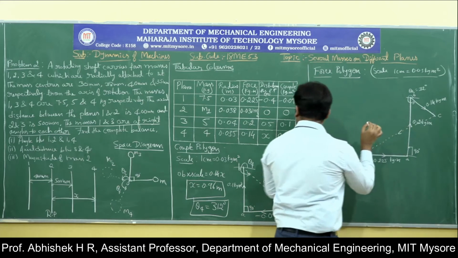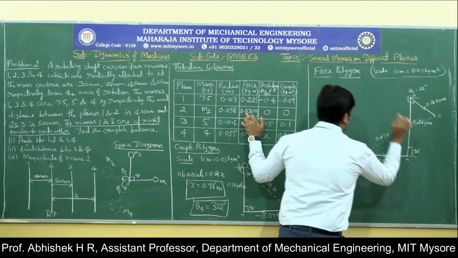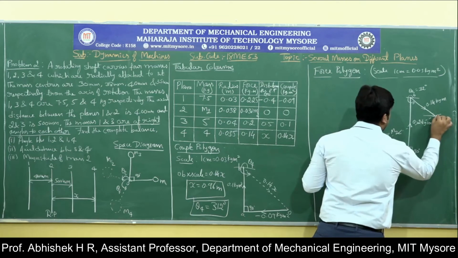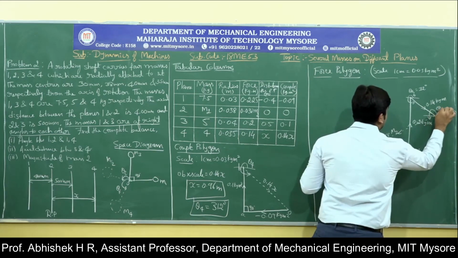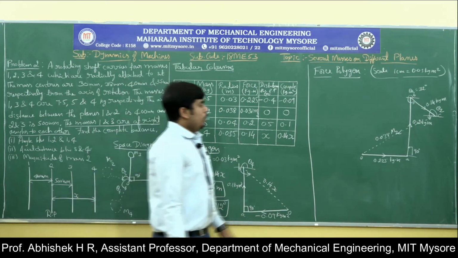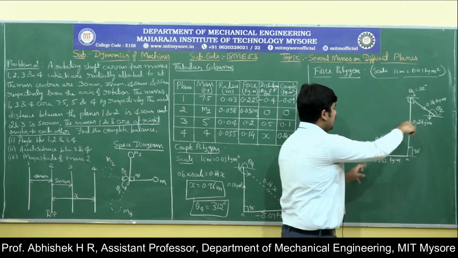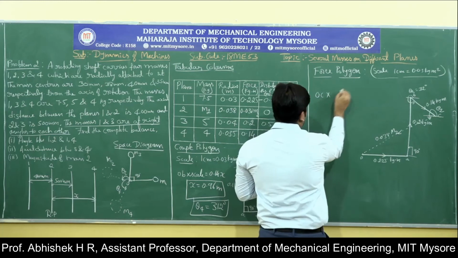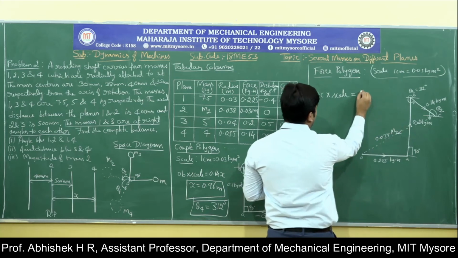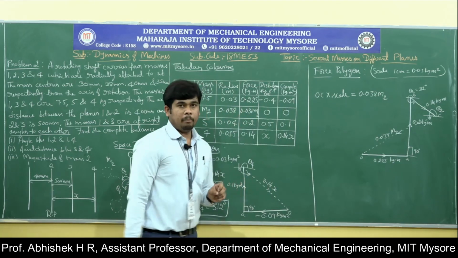So this is what your 0.038 m2, 0.038 into m2, and this angle is theta 2. Now measure this distance OC or CO, multiply with your scale, is equal to 0.038 m2.